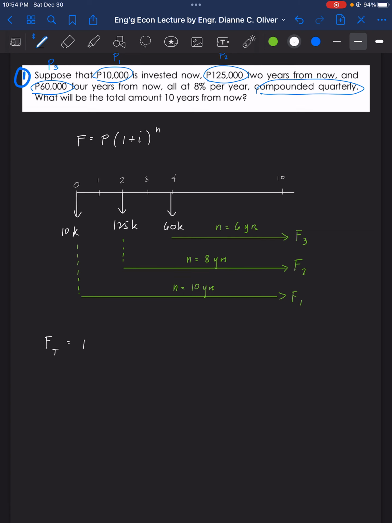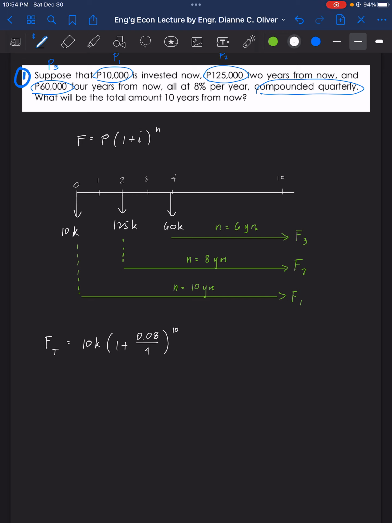F is equal to 10K times 1 plus i. Our interest rate is 8%, so 0.08, compounded quarterly. So this should be 0.08 divided by 4 raised to n.